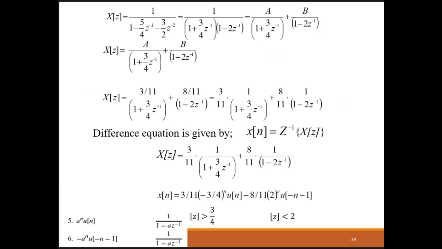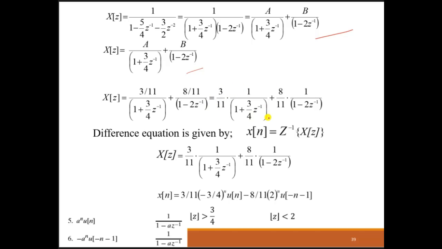Now you dah dapat. Okay, so tadi kita tulis semula the equation yang you dah factorkan, and then you have X(z) equals to A plus B ni. Alright, and then you gantikan nilai A dengan B. Okay, and then you see that your denominator you asingkan dia punya perkali ni.